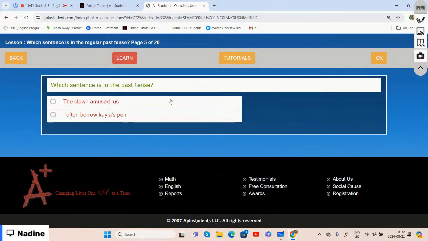The clown amused us, option one, or I often borrow Kayla's pen. Which sentence is in the past tense? Option one that says the clown amused us, or option two where we say I often borrow Kayla's pen.